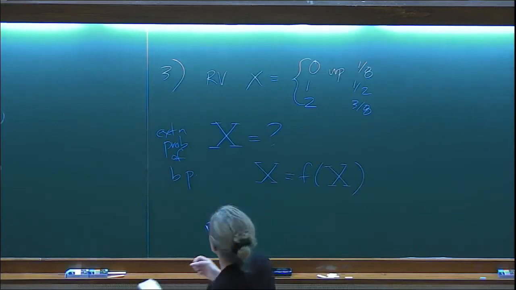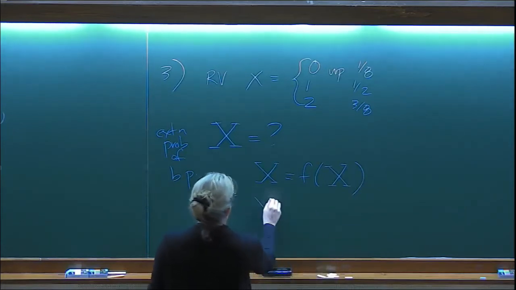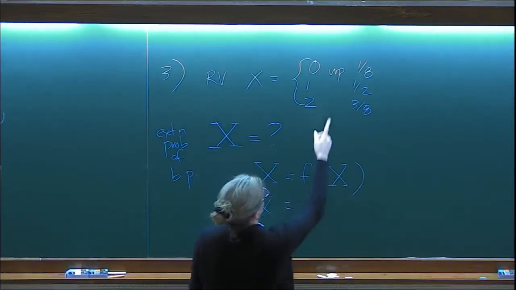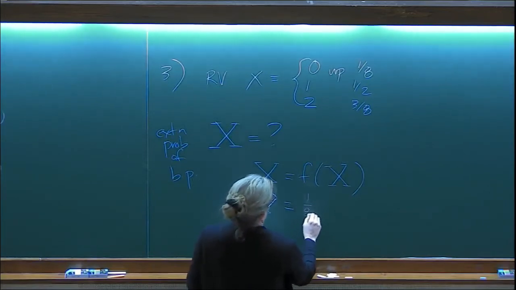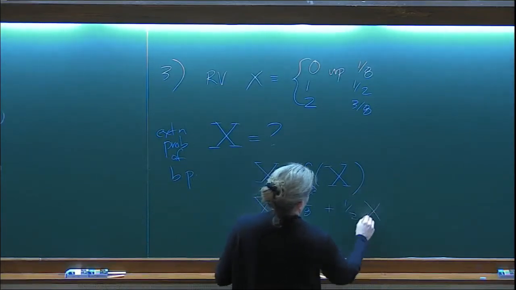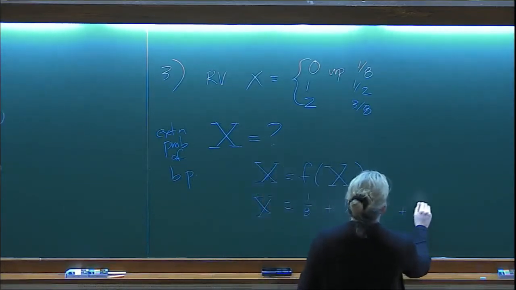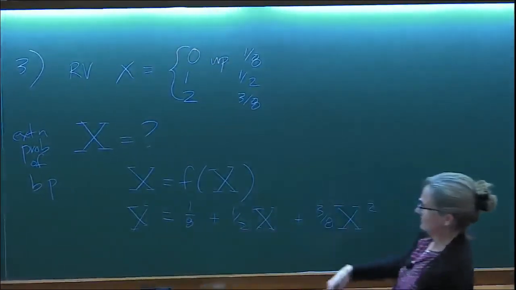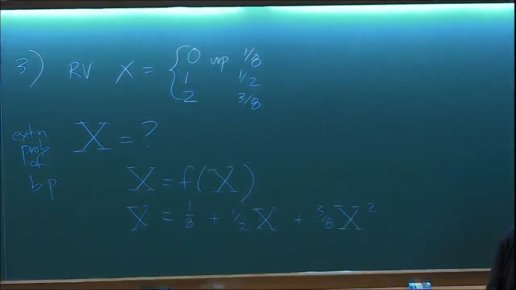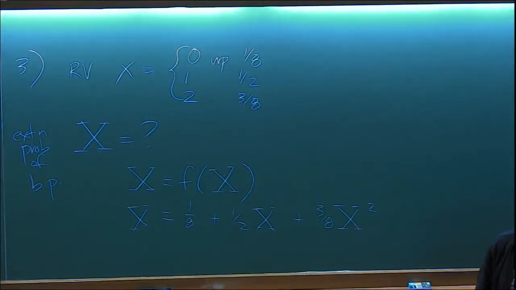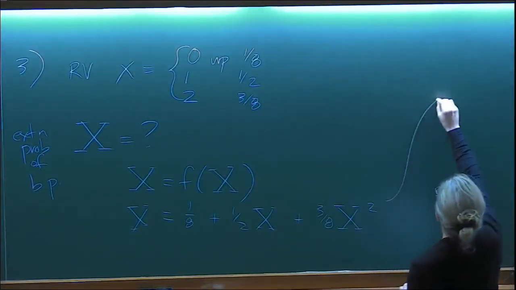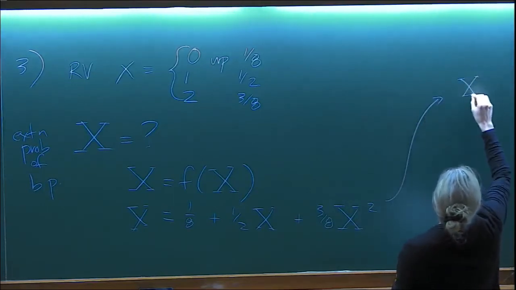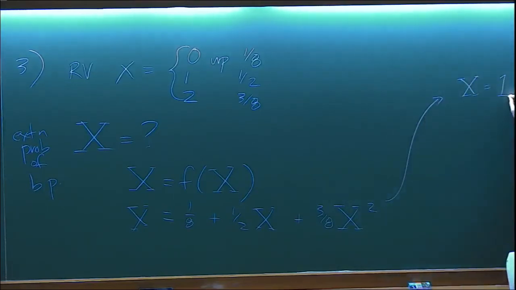Yeah, so we should get x equals 1/8 plus 1/2 x plus 3/8 x squared, and then you can multiply everything by 8 and then make it quadratic and factor it, and you should end up with x equals 1, which you always get, and x equals 1/3.